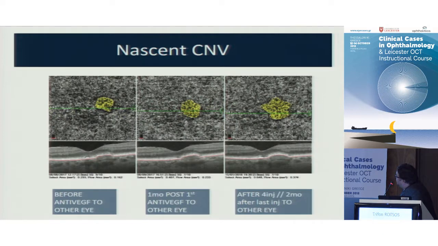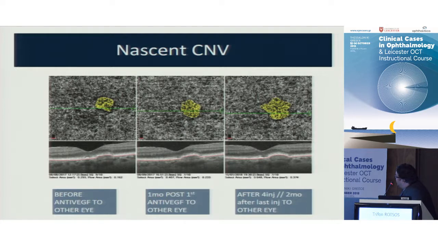We've seen in some eyes that we expect sometimes when we inject the one eye to have an effect in the other eye too. And we have seen that mainly in diabetic eyes, when the reduction of the CMO in one eye was followed by a slight reduction in the CMO in the other eye. Unfortunately, in the nascent membranes, this is not the case.